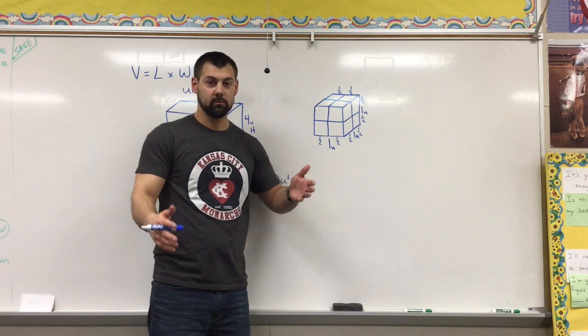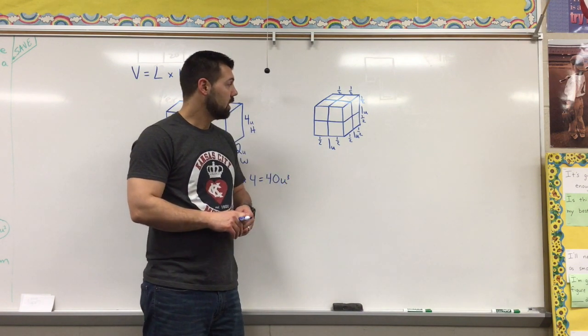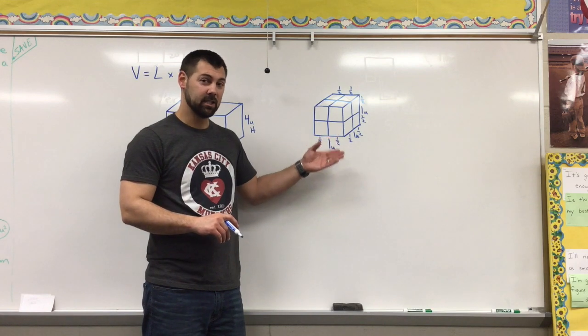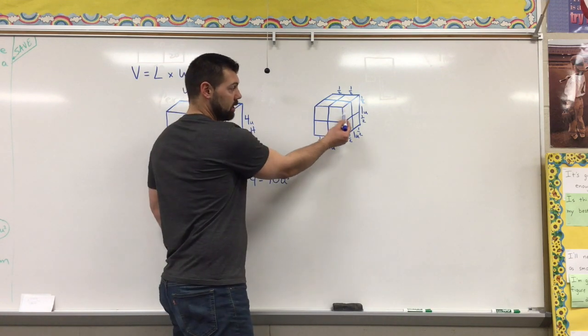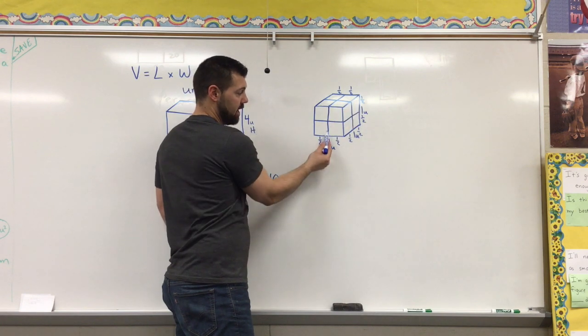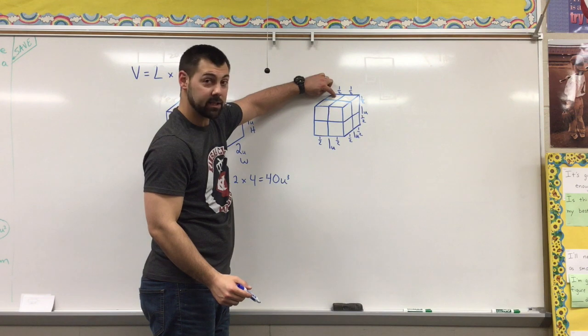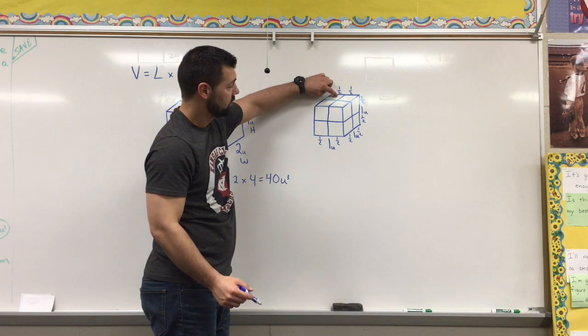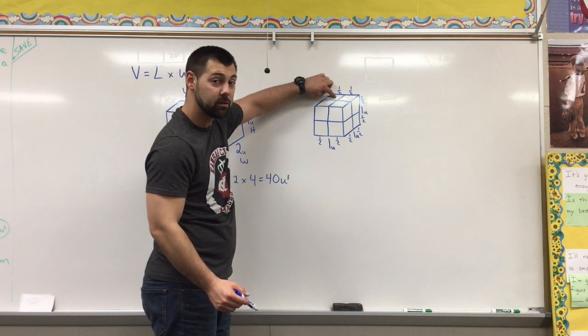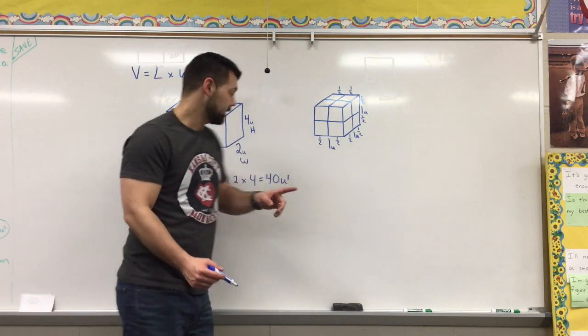Did I just create 2 cubes out of 1? No. I actually created 8. Can you see them? 1, 2, 3, 4, 5, 6, 7, and there's got to be one back here behind this, underneath it, holding it up. So I actually created 8 cubes, 8 dice for every 1 cubic unit that's going to be in here.